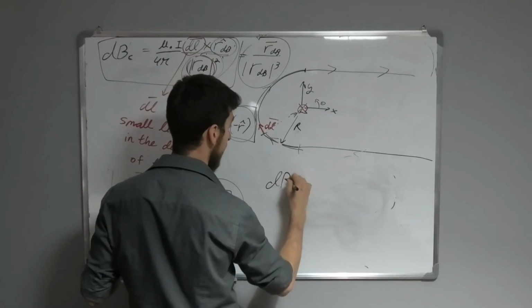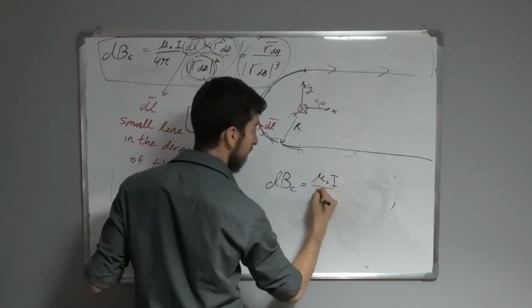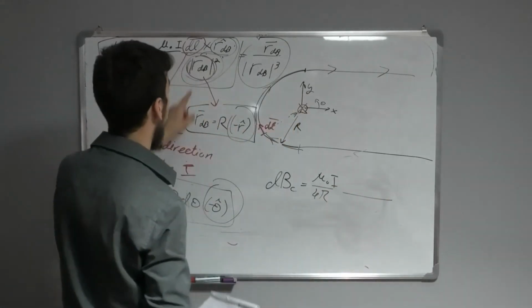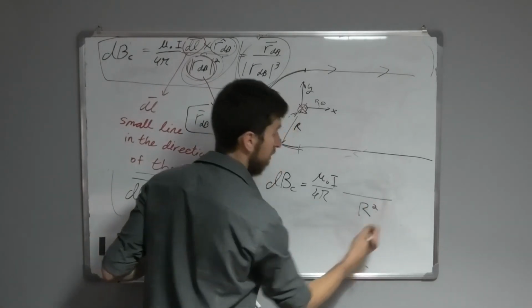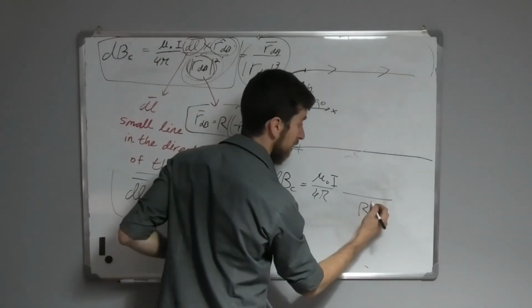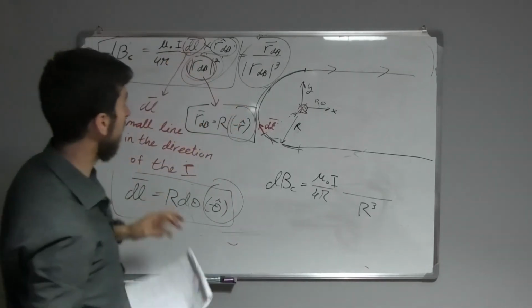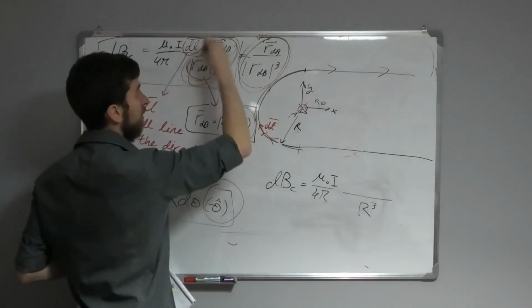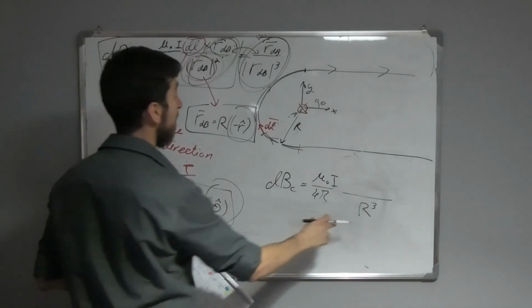So dB is equal to the constant mu 0 I over 4 pi, and in the denominator I have r cubed, this configuration, and then I have dl. And here I meant that this part only changed to this one. You can choose whatever is comfortable for you.